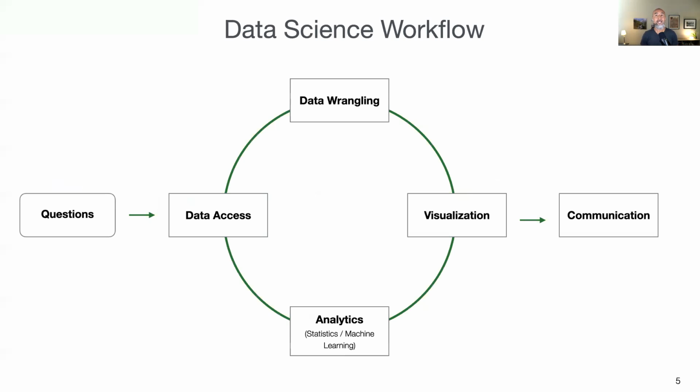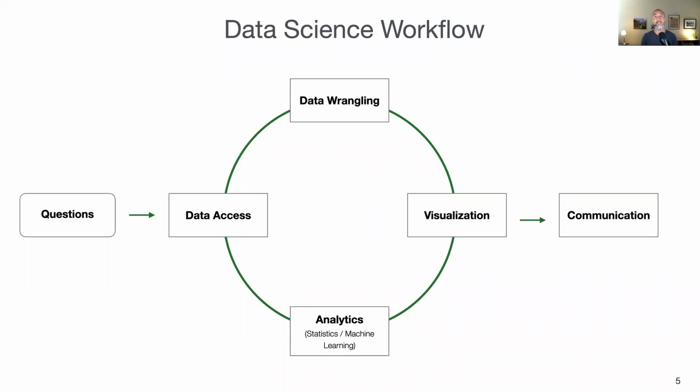When we say data science, we think of it as a data science workflow. You start with the business questions or problems, and then you need the data, so you want to access the data and transform it to get it ready for visualizing or analyzing, to discover the trends and patterns in the data.